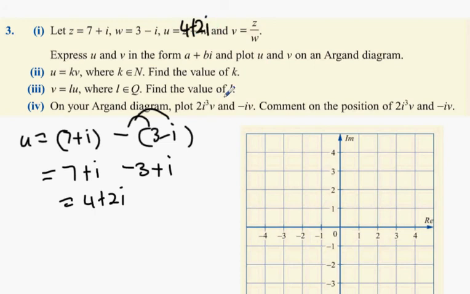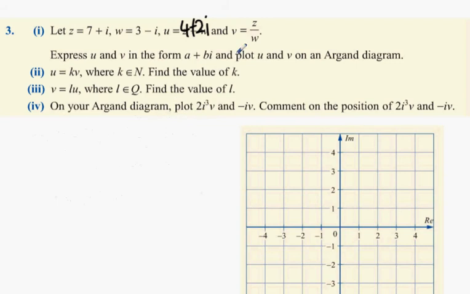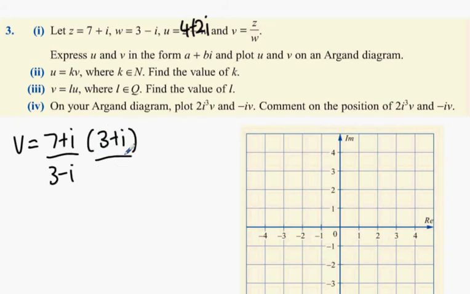4 plus 2i. And what's V then, guys? What do I write down for V? Z over W. And what do I have to do then to fix it? To conjugate. Nothing we haven't done a number of times, okay? So look, I'm going to take a wee shortcut with this.